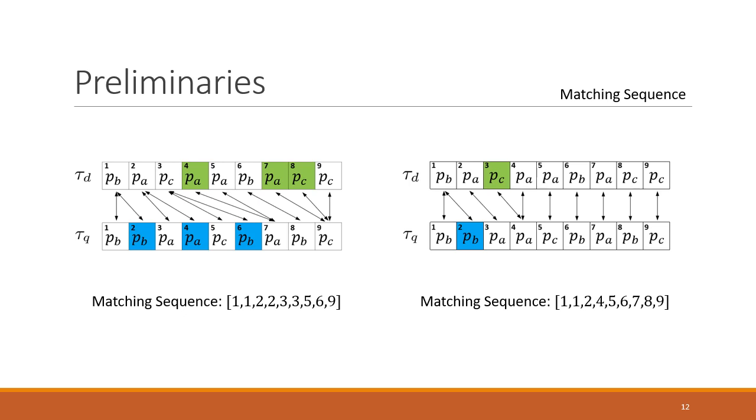In both matching sequences, tau q4 is matched with different points. In the first matching sequence, tau q4 is matched with tau d2, while in the second matching sequence, tau q4 is matched with tau d4. Different matching sequences will have different conversion costs.